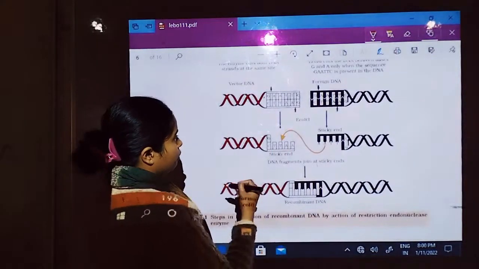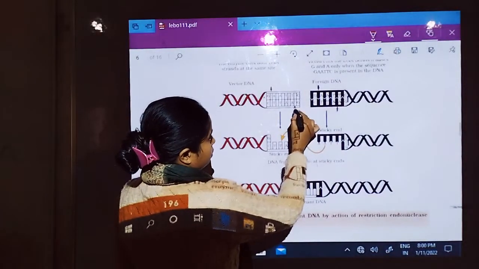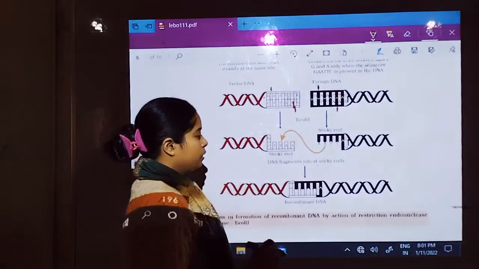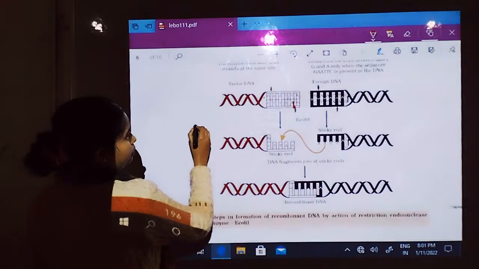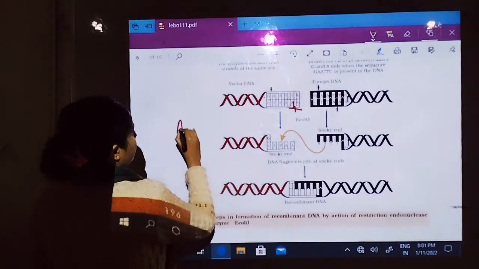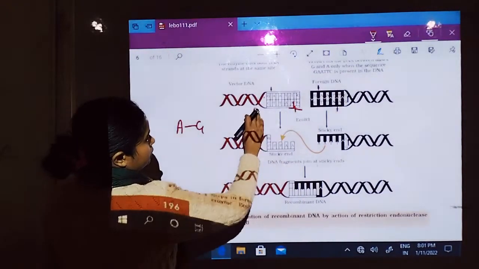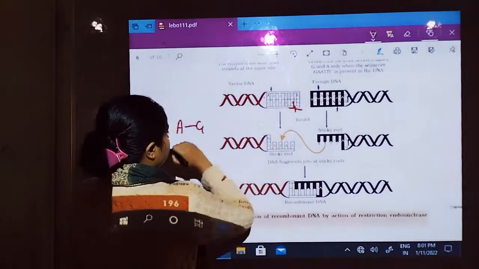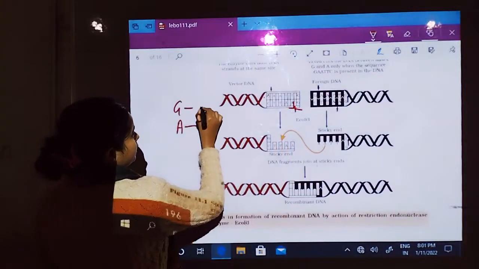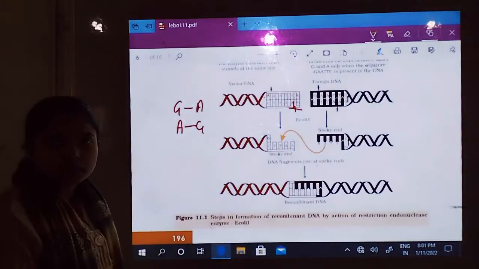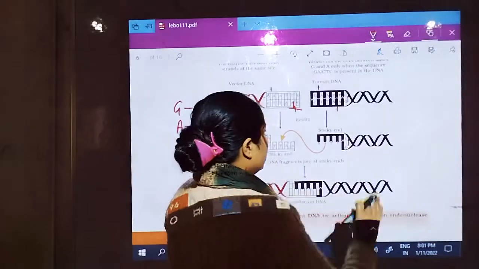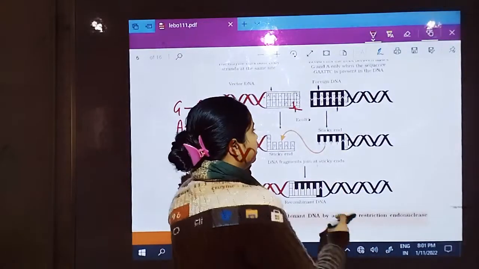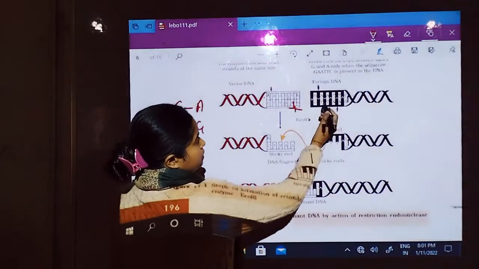EcoRI cuts DNA in between the G and A. It breaks the phosphodiester bond present between G and A in this one strand, and again between G and A in the other strand. EcoRI in the other genetic material again works at the same region.